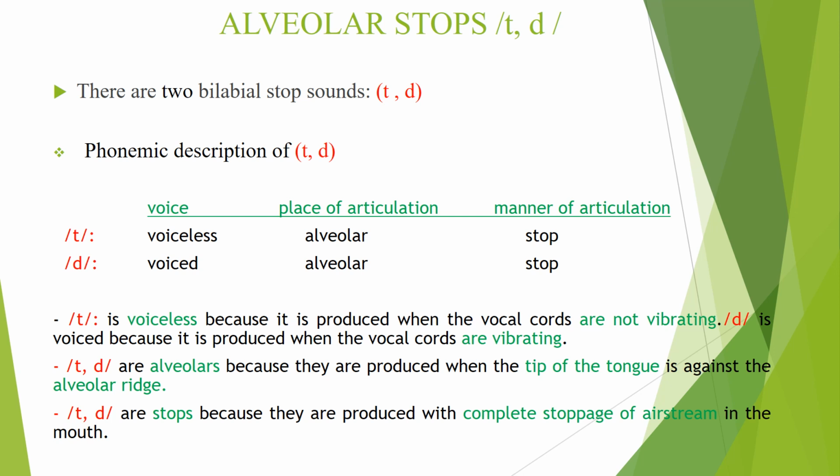D is voiced because there is vibration of the vocal cords when it is produced. T and d are alveolars because they are produced when the tip of the tongue is against the alveolar ridge. T and d are called stops because they are produced with complete stoppage of the airstream in the mouth.